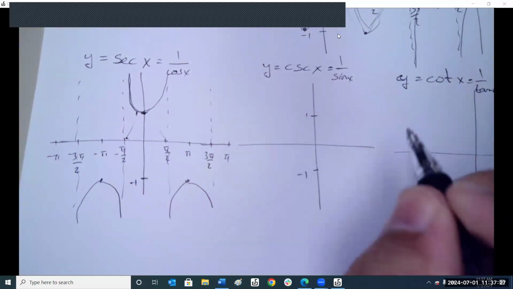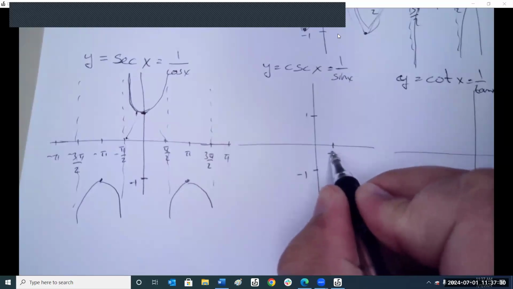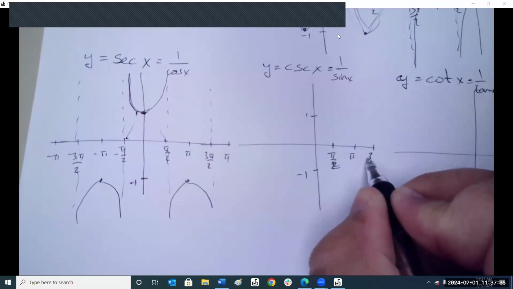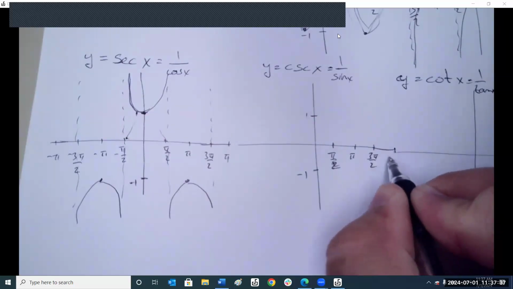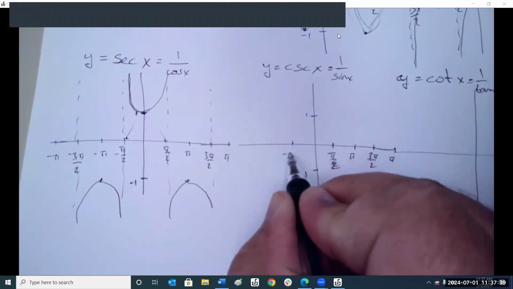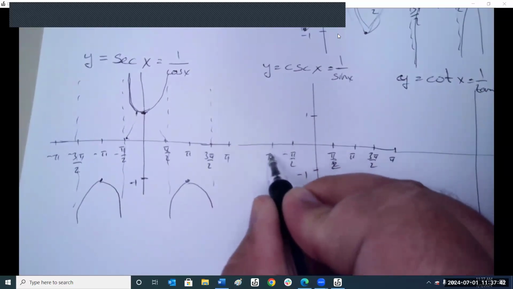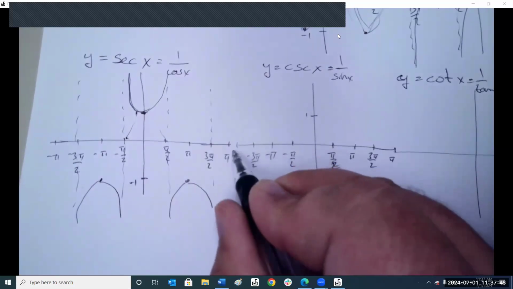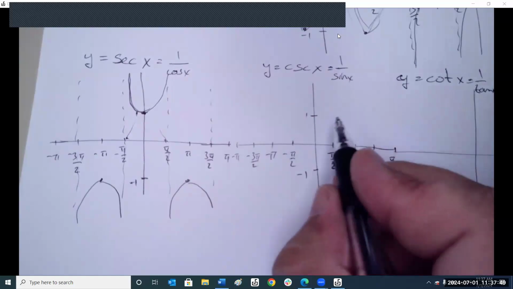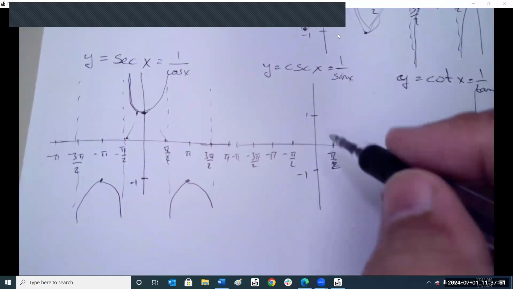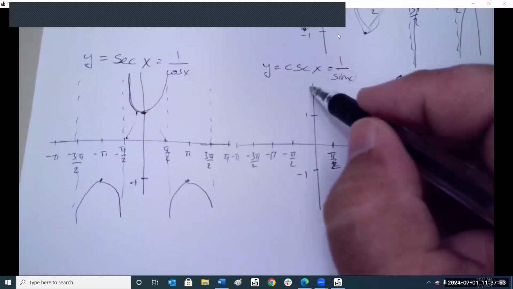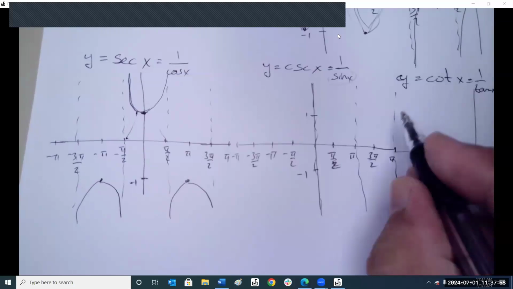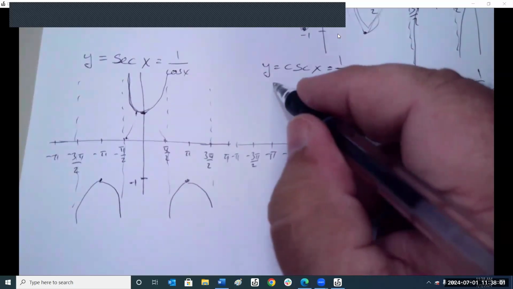Likewise, the same thing with the cosecant function. Anywhere the sine is 0, it has a vertical asymptote, which is all at the n pi units.